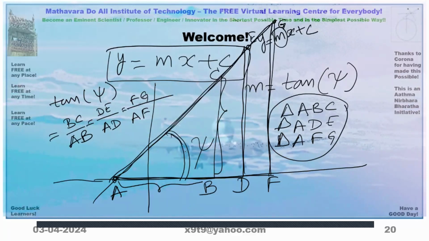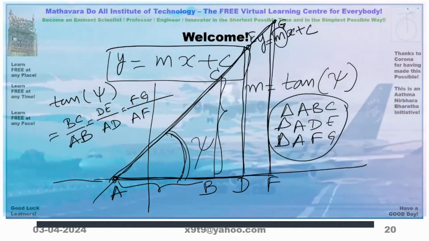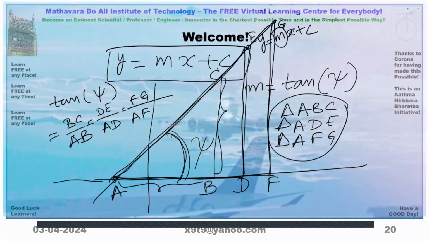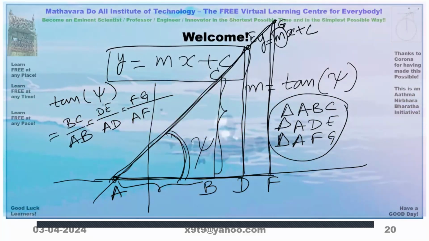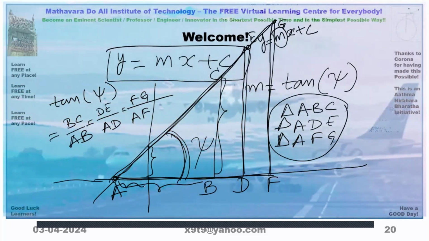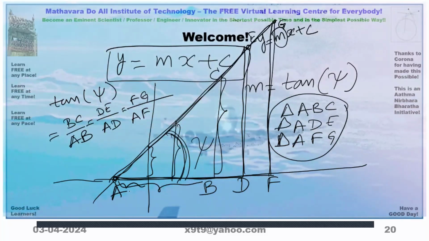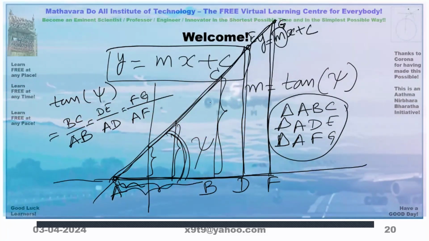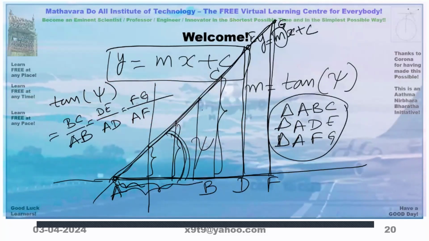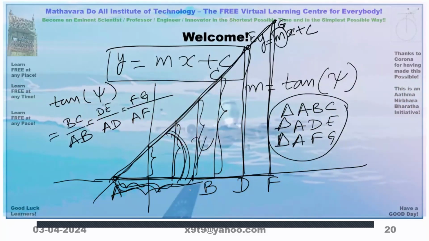So sine of an angle, cos of an angle, tan of an angle, they are not for one triangle, but they are for all similar triangles. That is, you can have this as opposite side, this as adjacent side. Similarly here, opposite corresponding adjacent side.